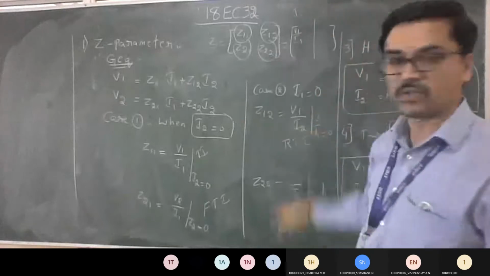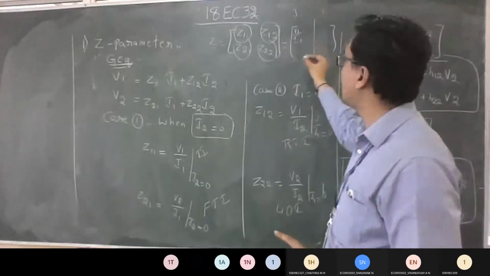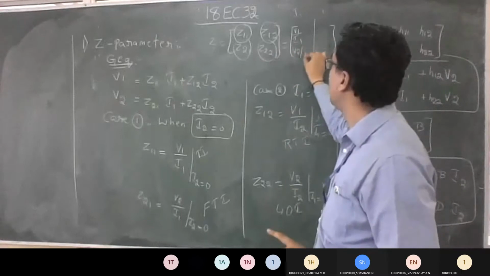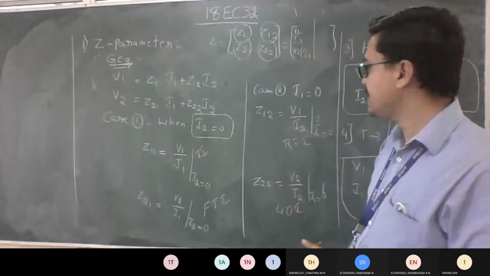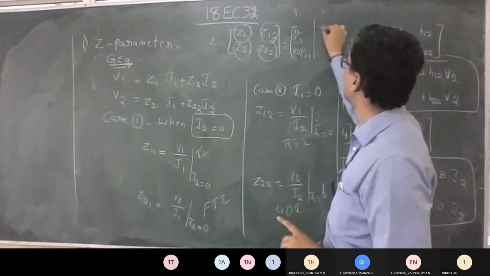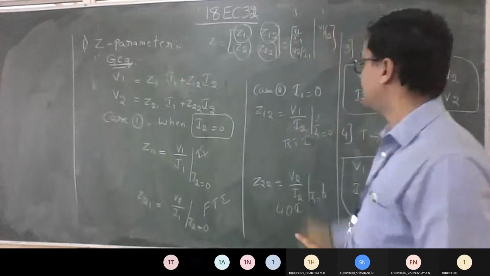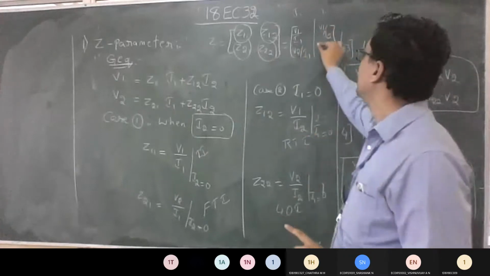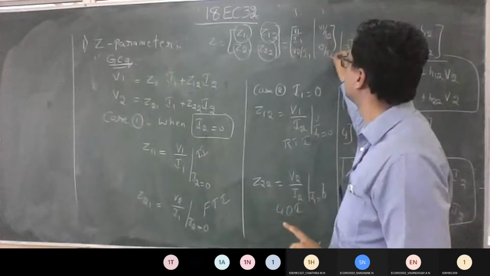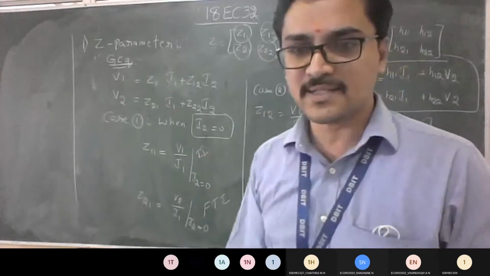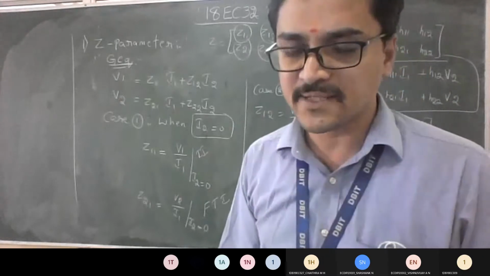I have made I2 as 0, so here I get the answer as V2 by I1. Similarly, Z12 is V1 by I2, and the last is V2 by I2. So what is the unit for impedance?